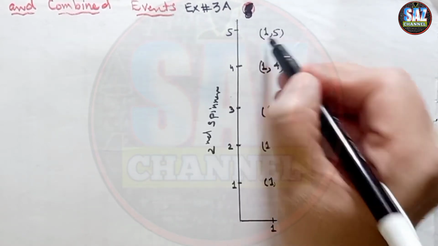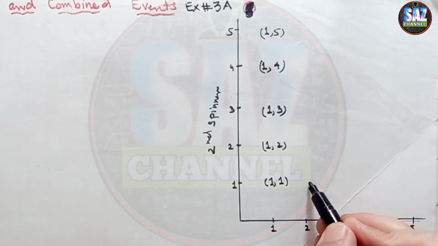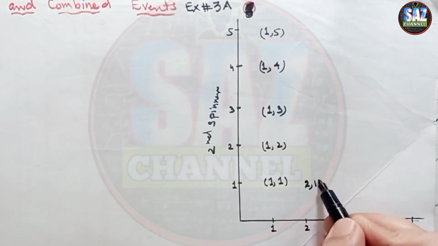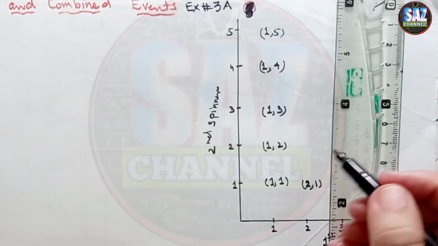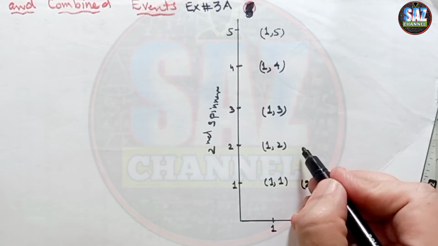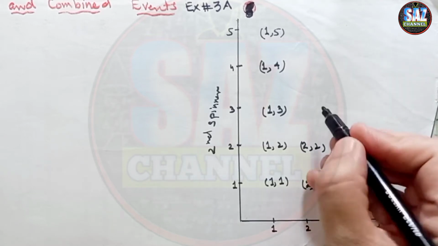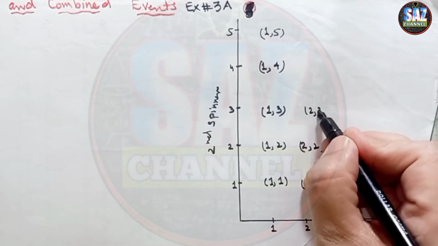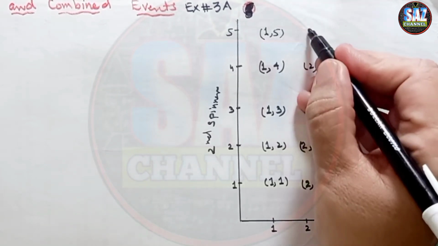Then 2 with 1, 2 with 2, 2 with 3, 2 with 4, and 2 with 5.